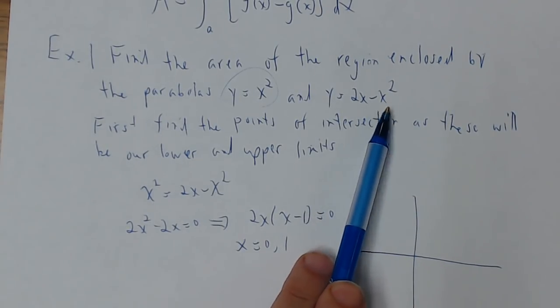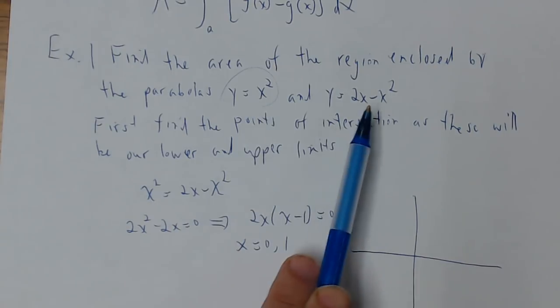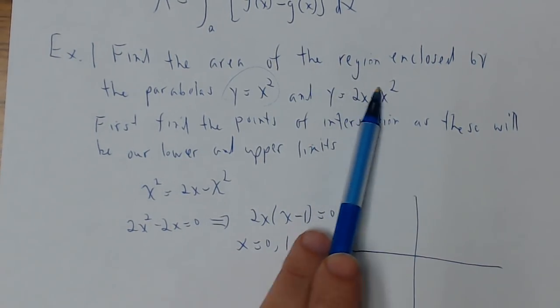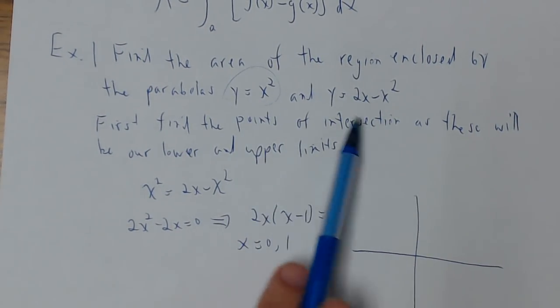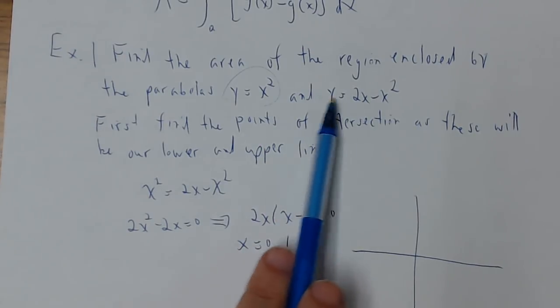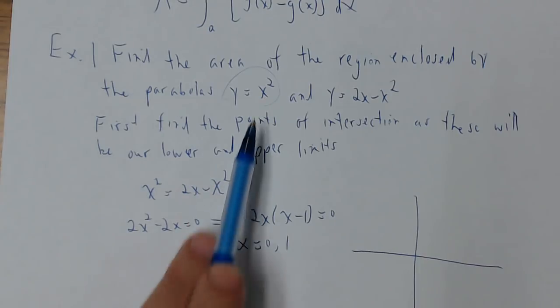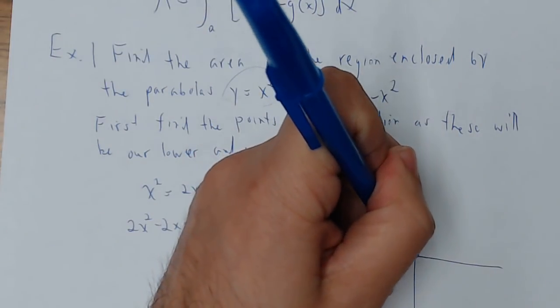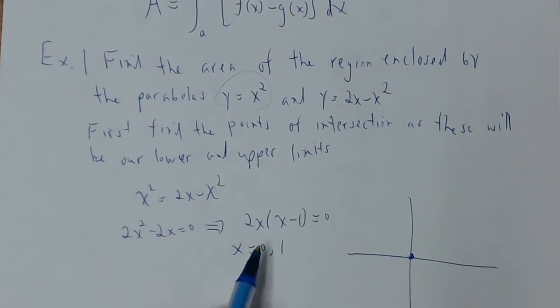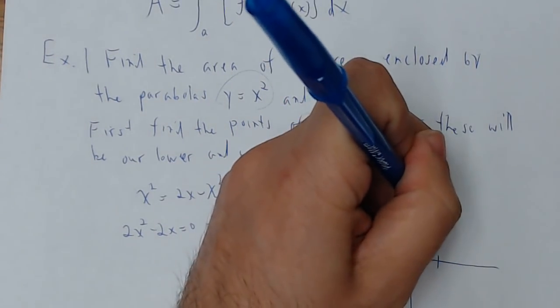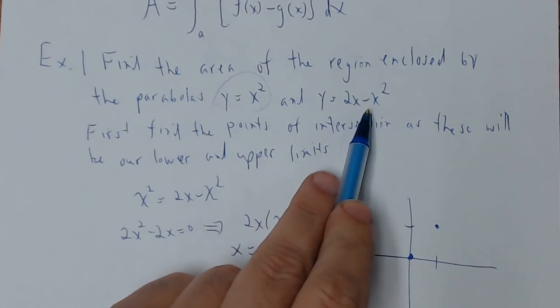Because, look, this is a downward parabola. This is an upward parabola. So obviously the downward has to be above this one for them to have area between the curves. When x is 0 for this guy, y is 0, and same thing with this. When x is 0, y is 0. When x is 1, y is 1 for this guy and that guy as well.